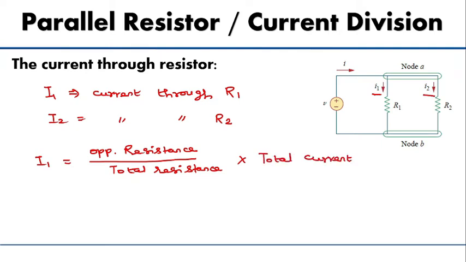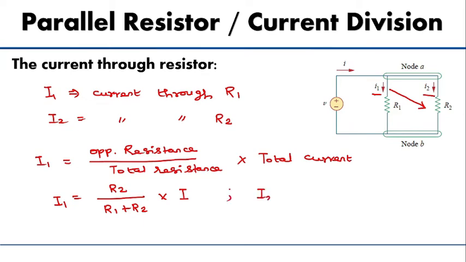That is, here for I1 the opposite resistance is R2. The total resistance is R1 plus R2, into total current I. So this gives you the value of I1.